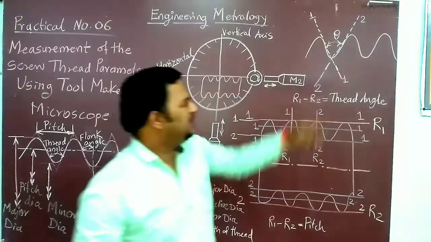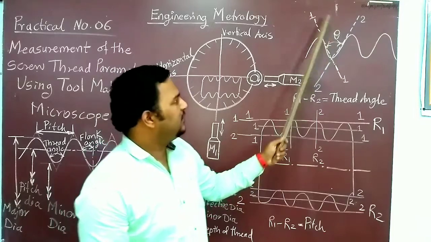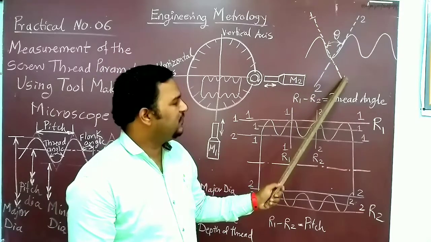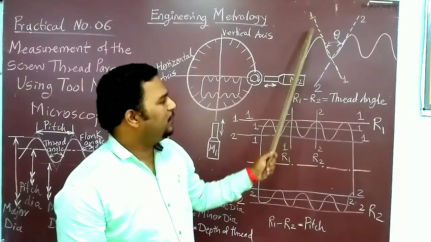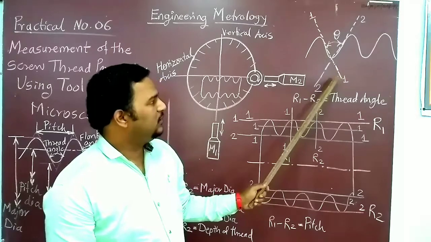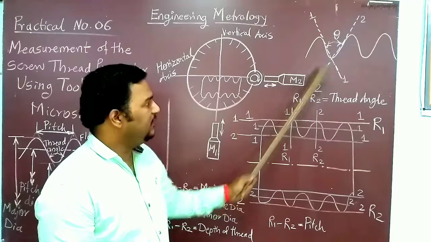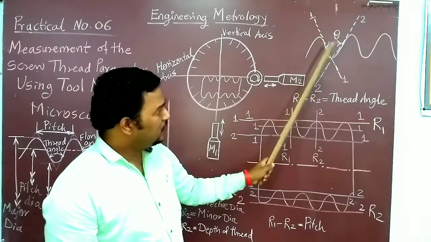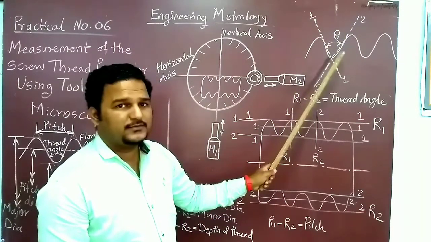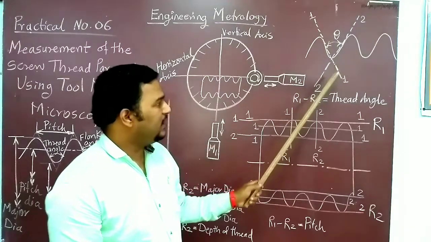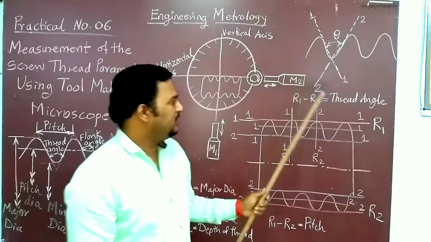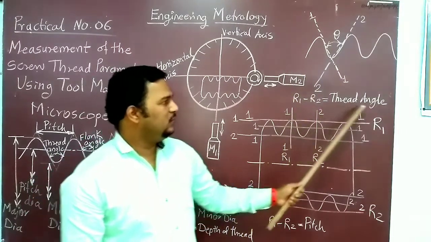Now in this case, you can see we have aligned that vertical axis along this flank, and we have obtained the reading R1 at 1, 1. For the second reading, we align the same vertical axis to the adjacent flank. At 2, 2, we will get the R2 reading. So again, R1 minus R2 will give you the thread angle.